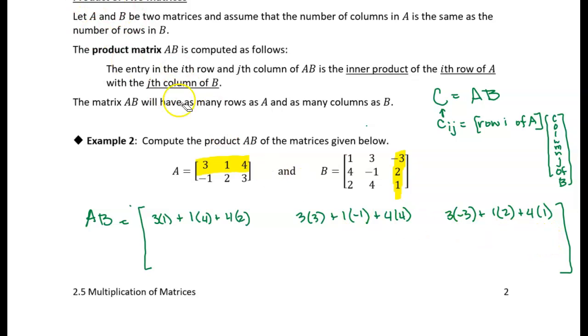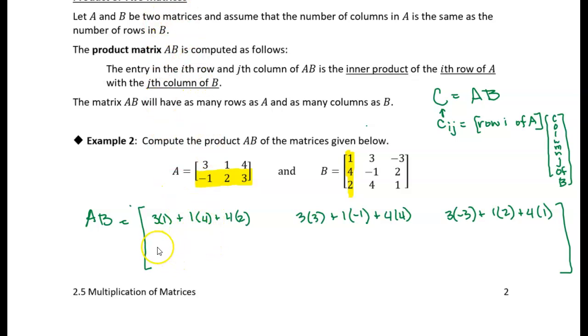So we need to move on now to the second row. I'm going to highlight the second row and the first column, and come up with the inner product of that second row and the first column, and that will be the element in the second row, first column of my product.